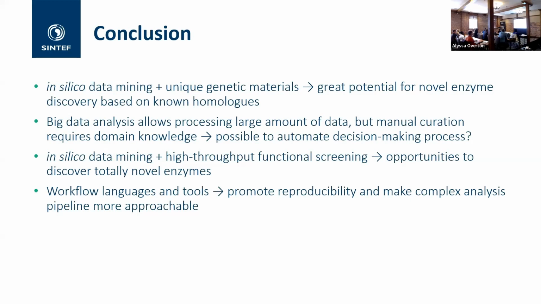We wonder if it's possible to automate the decision making too, so you can have the shortlist automated. And combining in silico data mining and functional screening, you can find totally novel enzymes, because in the end, in silico data mining for now is still based on homologs and something known before. Functional screening can give you enzymes that nobody has seen before.